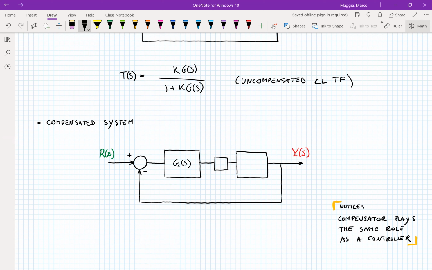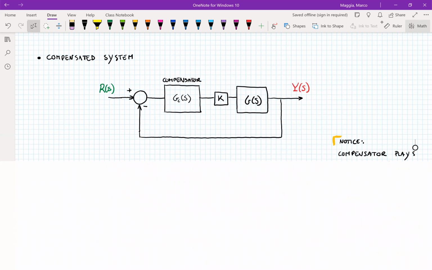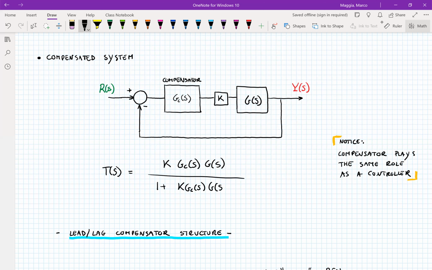As a matter of fact, let's just use G_C as if it was a controller, but again, I'm going to use the word compensator. And we still have our gain and our plant. So how does the closed loop transfer function change now? Well, this is going to be equal to K G_C G over 1 plus K G_C G.